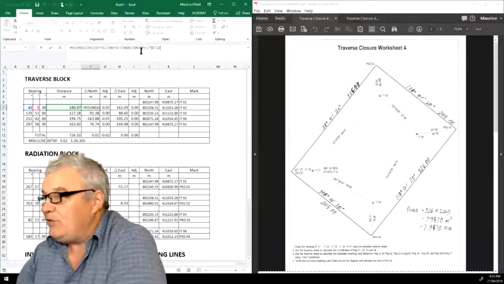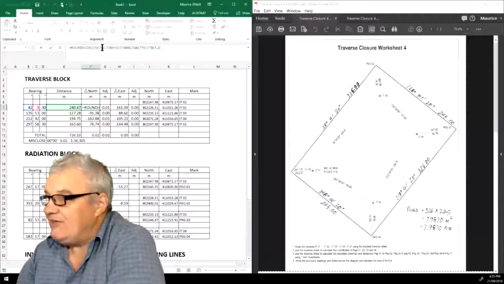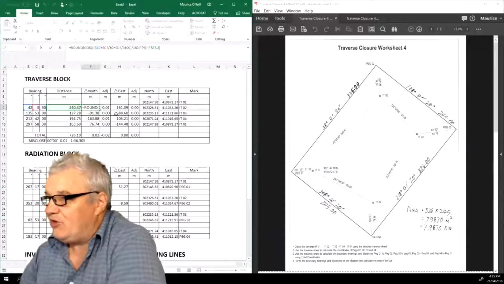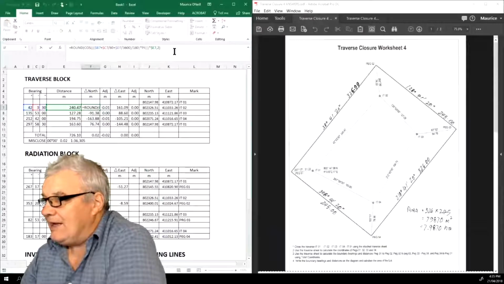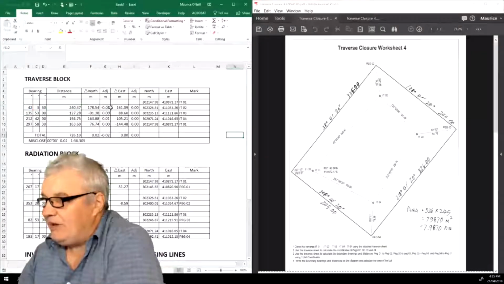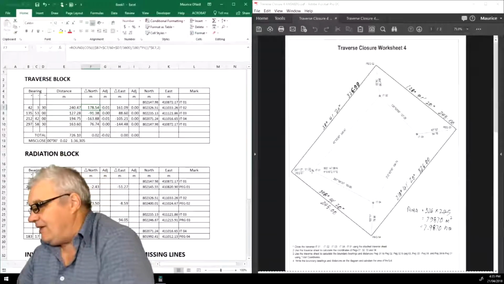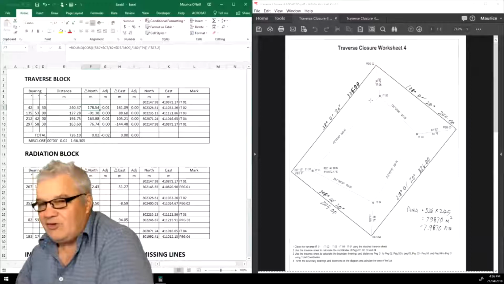That will convert the degrees, minutes, and seconds to radians, multiplied by pi. So the cosine of that gives us, and then multiply that by the distance. And that will give everything the correct sign.